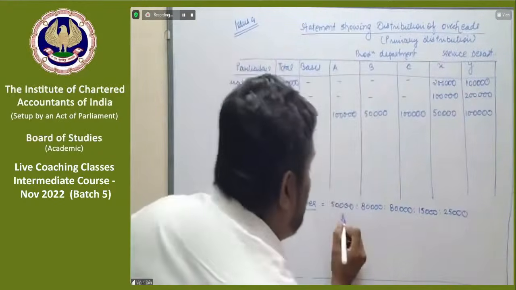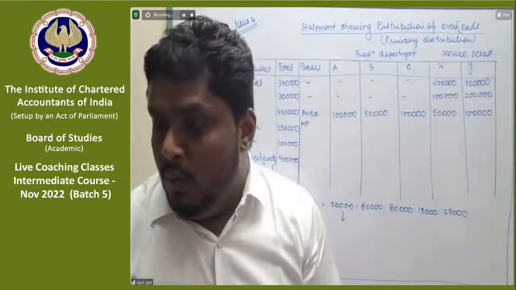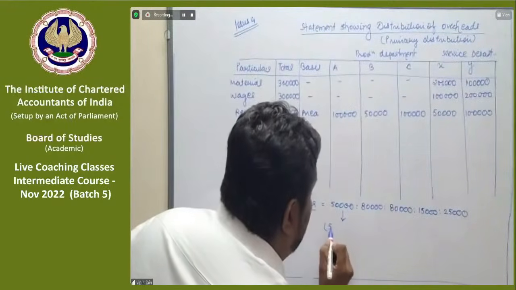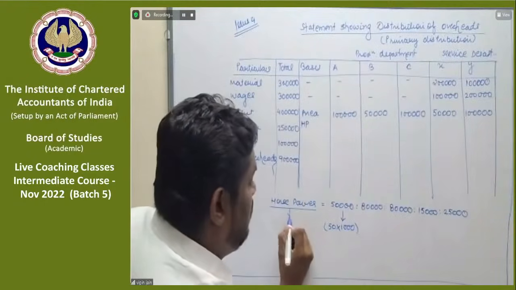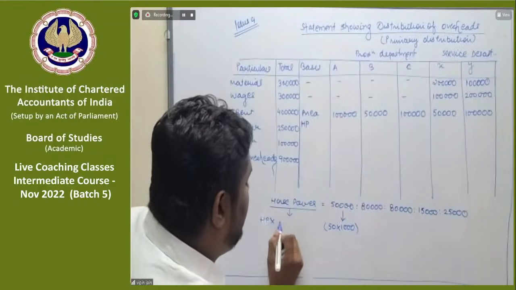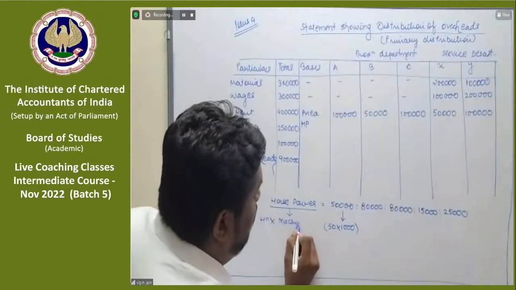This will be the ratio. How come 50,000? Very simple, 50 into 1,000, that is horsepower into machine hours.